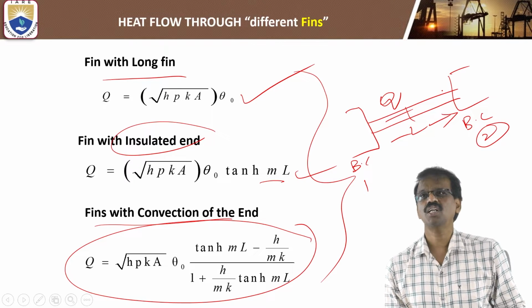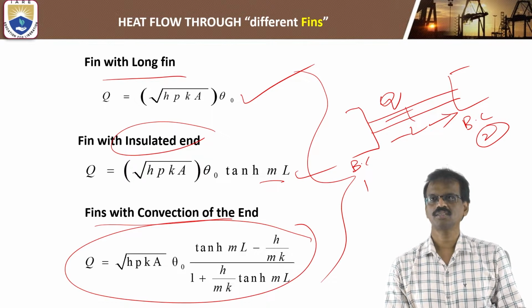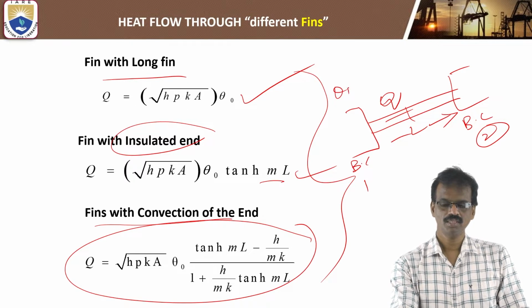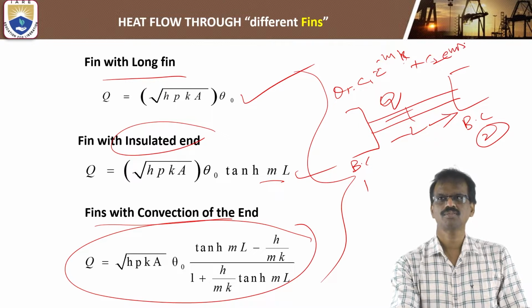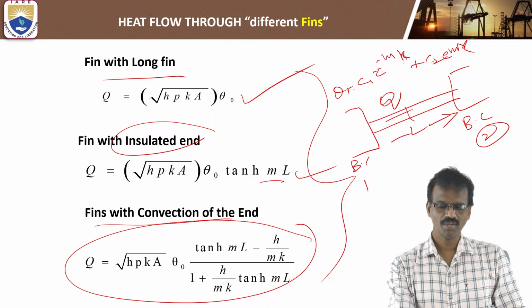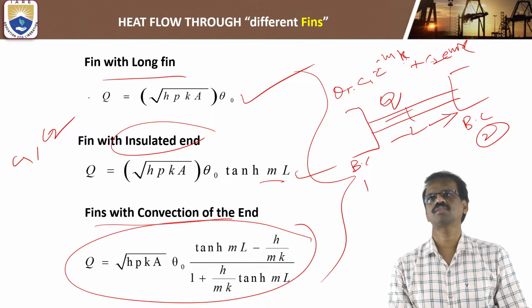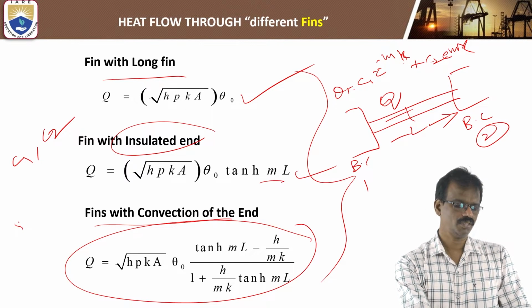If the boundary conditions are given, you can apply them in the general equation: theta is equal to C1 e to the power of minus mx plus C2 e to the power of mx. Substitute these boundary conditions in the general equation, find the C1 and C2 values, then substitute them back, and you will get the temperature equation theta by theta naught.